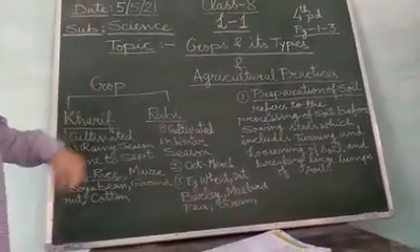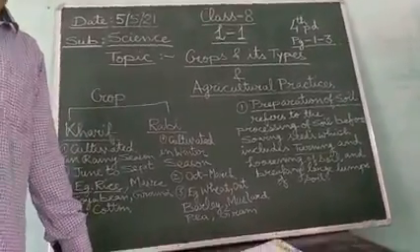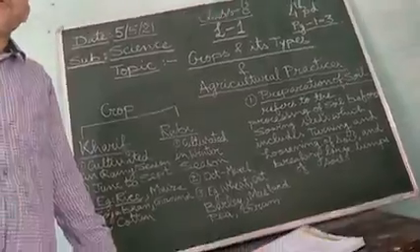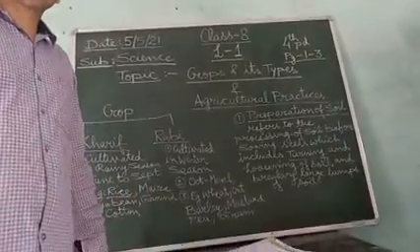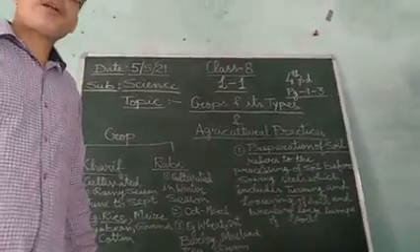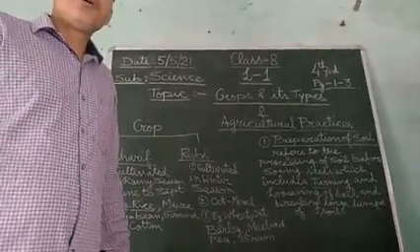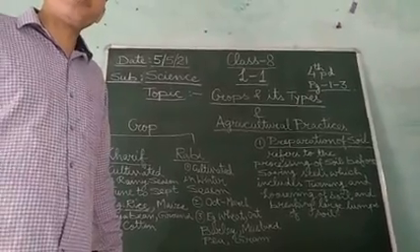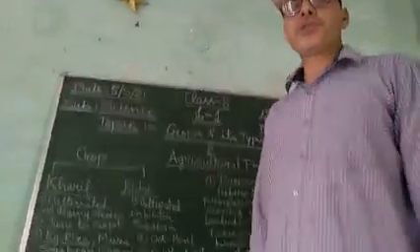And for the cultivation of these crops, a few climatic conditions are very essential, about which the farmer should know. These climatic conditions are responsible for the variation in the cultivation of crops of different types in different regions.